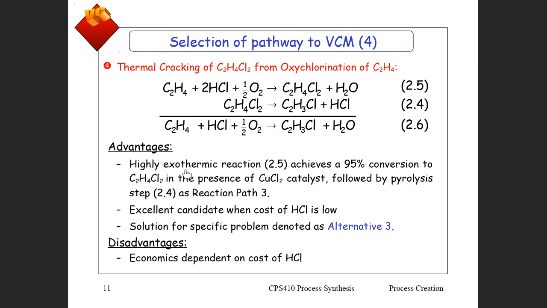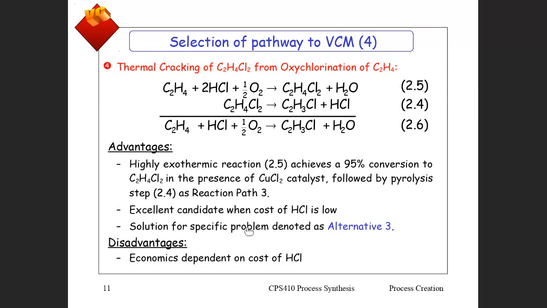Yeah, so let's have a look at the advantages. It's a highly exothermic reaction, achieves 95% conversion to dichloroethane in the presence of a copper catalyst, followed by a pyrolysis step, which is the normal one in reaction path 3. And it's an excellent candidate when the cost of HCl is low, because you can use up HCl. It's an inexpensive raw material there.